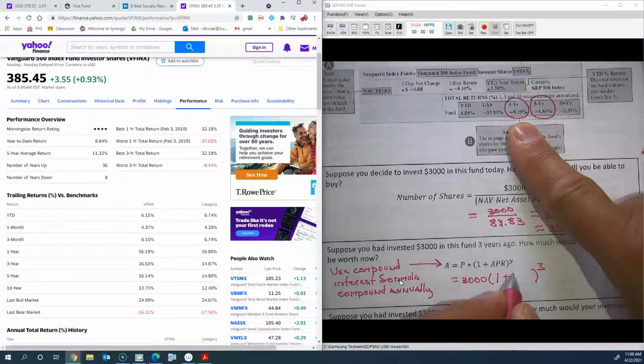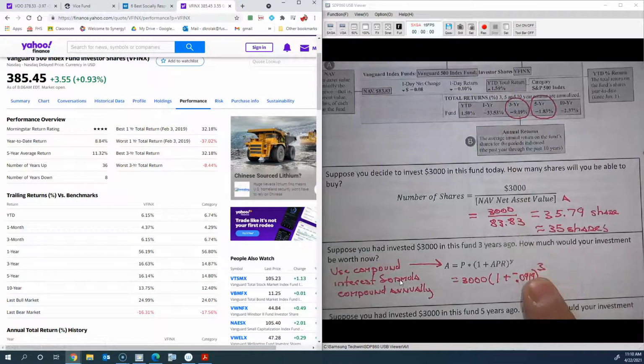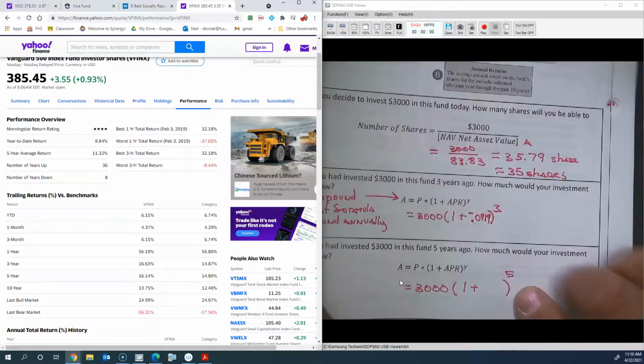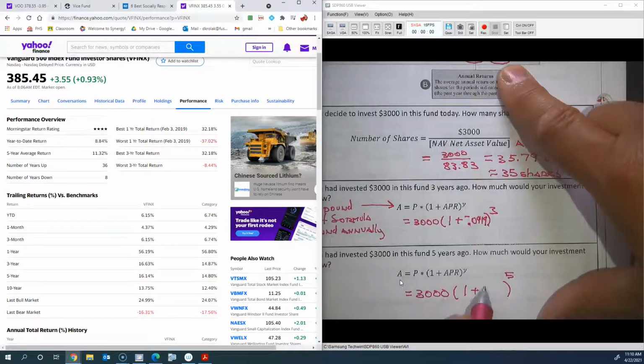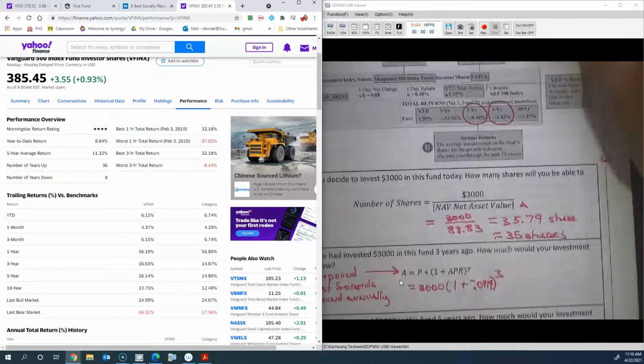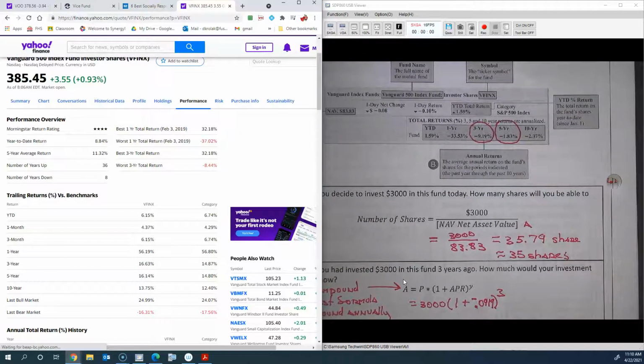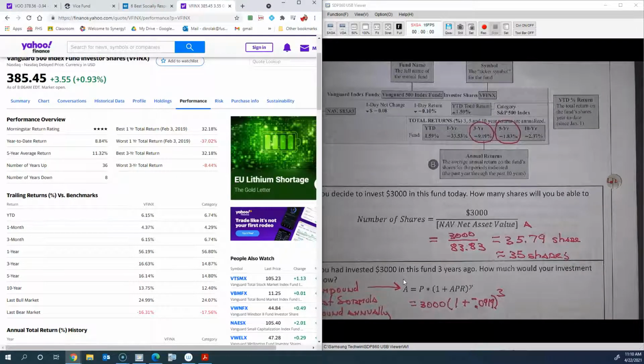So this is negative 0.0919. It's shrinking. And then for the 5 years, it's negative 0.0183. So during this time, your money is actually shrinking, not getting bigger. Okay? All right.